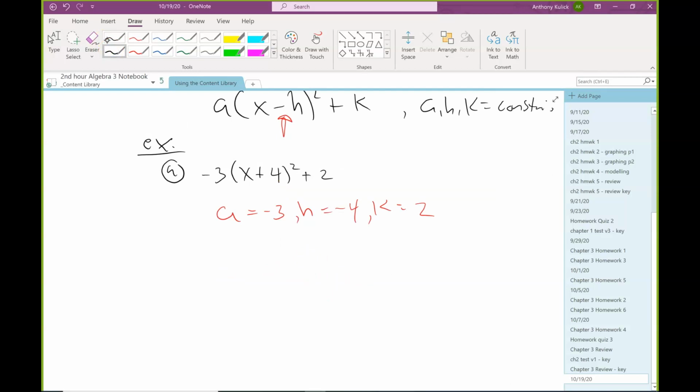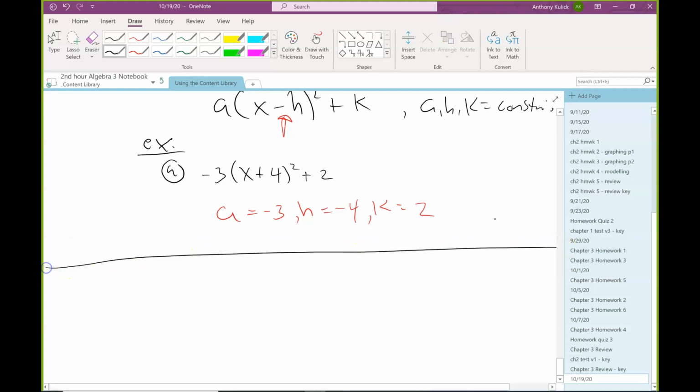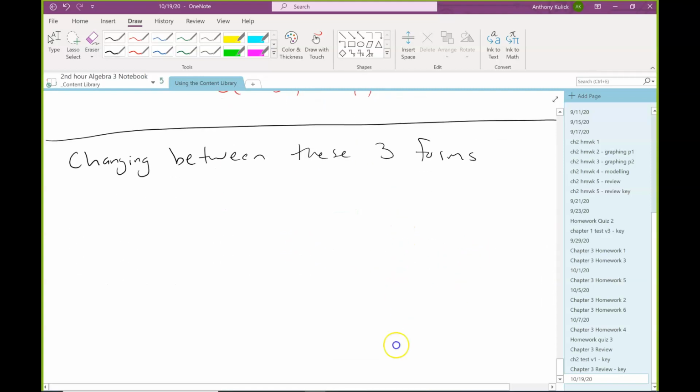What we're going to be focusing on next day or so is how to change back and forth between these 3 forms. So this is our little roadmap for how to do that. I have Intercept Form, which I abbreviated IF, Standard Form, which I abbreviated SF, and Vertex Form, which I've abbreviated VF.